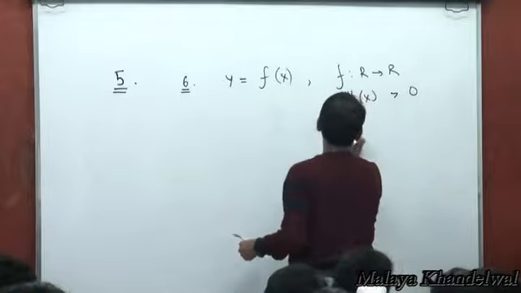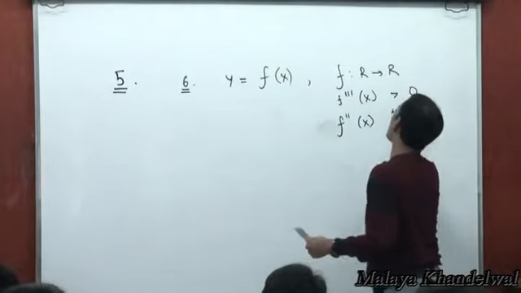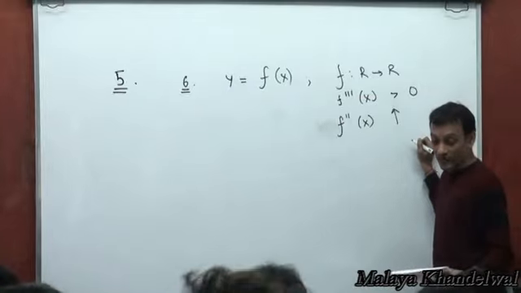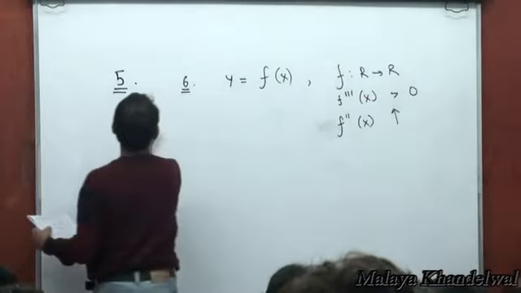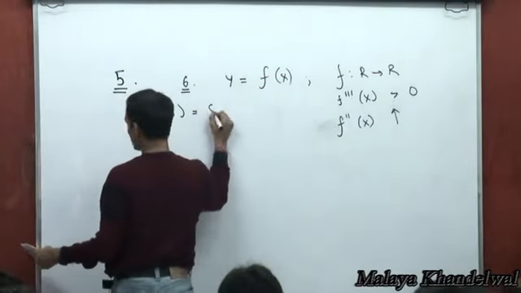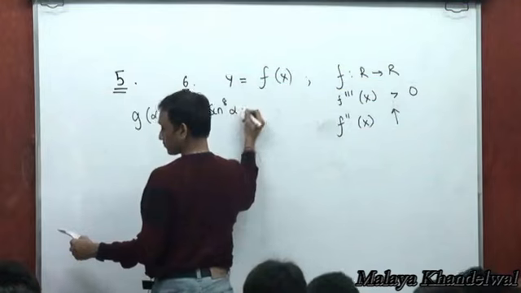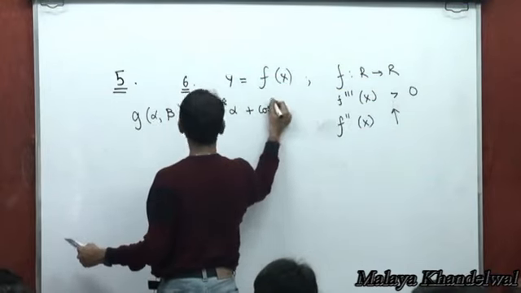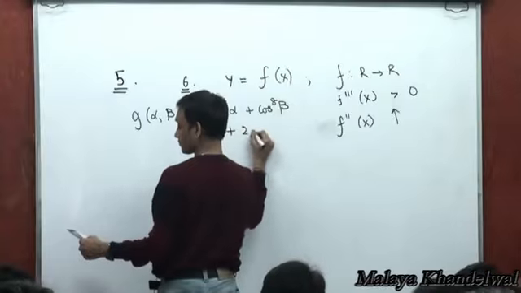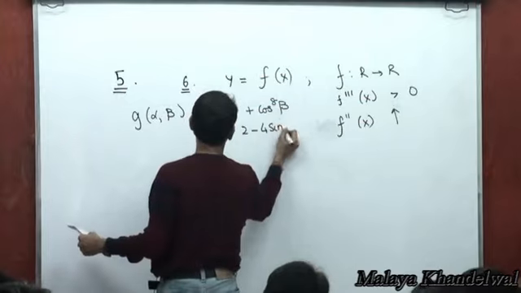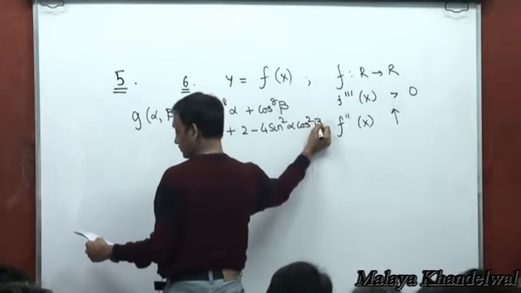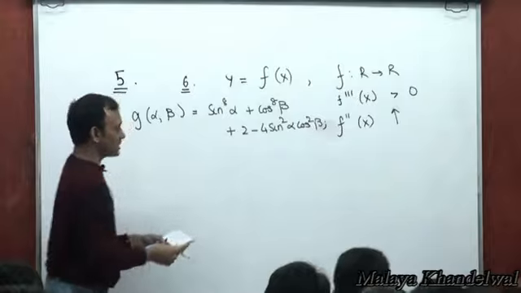That means f double dash x must be an increasing function of x, and g of alpha beta is this.